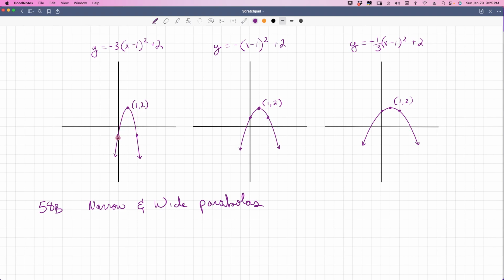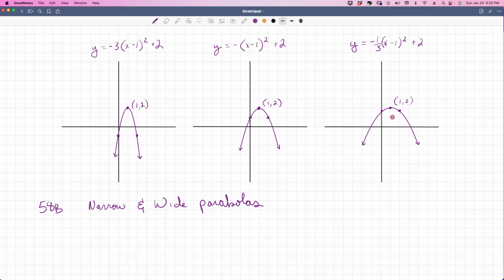This is where your x travels on the y. It goes down 3, right? And here you have 1/3 from your vertex. You're 1/3 of a slope from your vertex here. So if you look at it like that, then it makes perfect sense as to why this one would be more narrow and this one would be more wide.